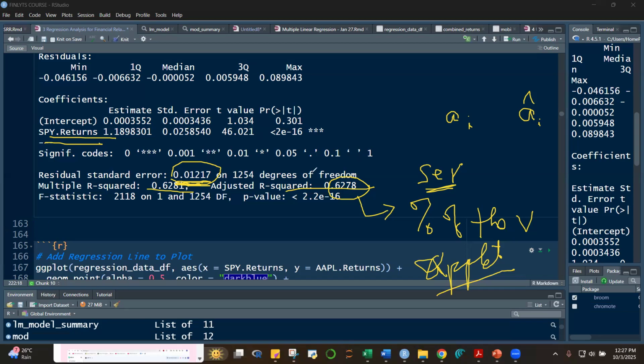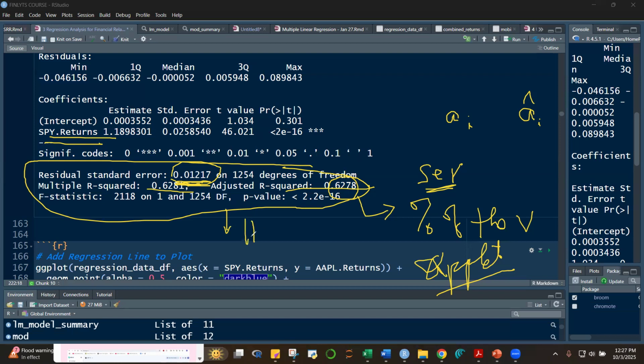This is the goodness of fit test. It's called the goodness of fit test because you also have an inference test here, class, and it's equal to: beta 1 is equal to beta 2 is equal to beta 3 is equal to ... is equal to beta sub n is equal to 0.